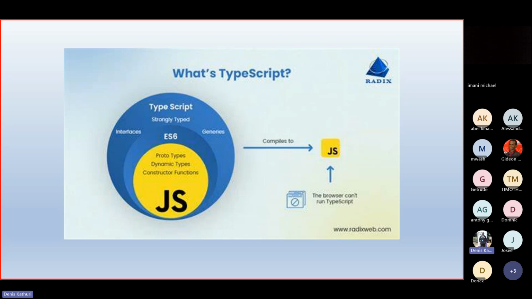The core feature of TypeScript is its type system. In TypeScript, you can identify the data type of a variable or parameter by using a type hint.